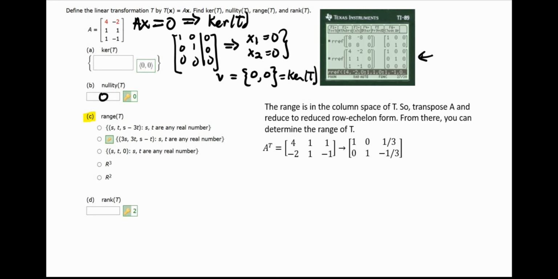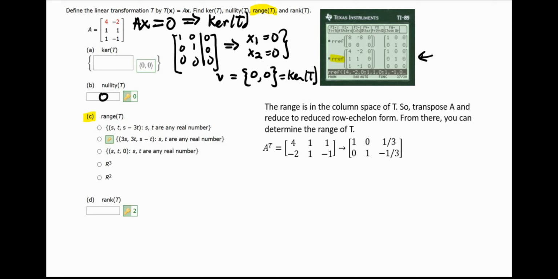With that said, since the range is in the column space, you notice on your graphing calculator the reduction is based on row reduction, row reduced echelon form, or row echelon form. So it does not do column echelon form, which, I mean, the idea of that is happening, but somewhat indirectly.